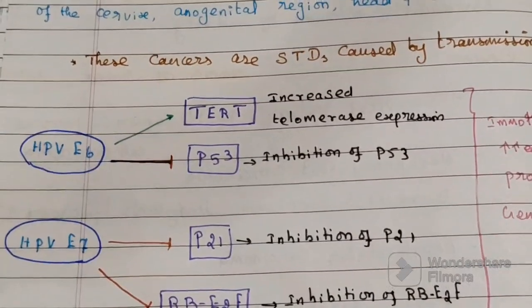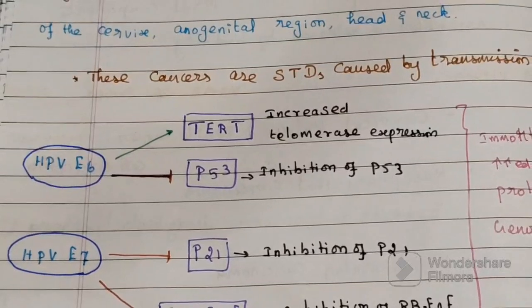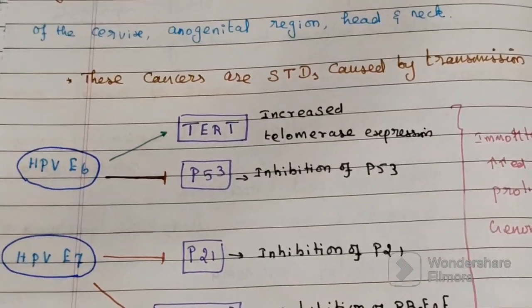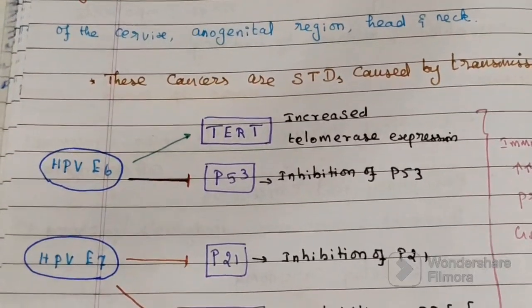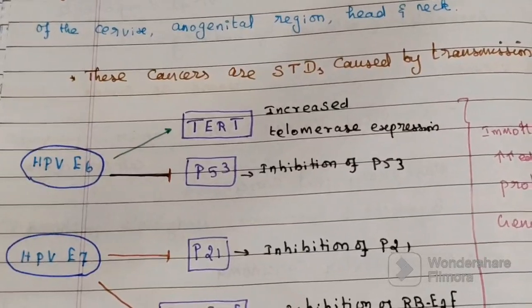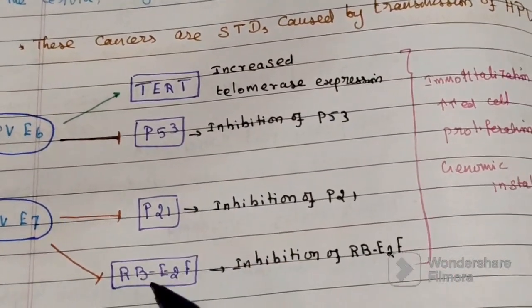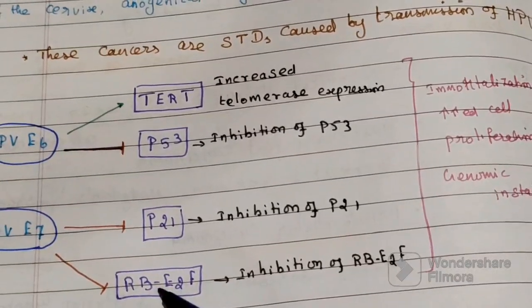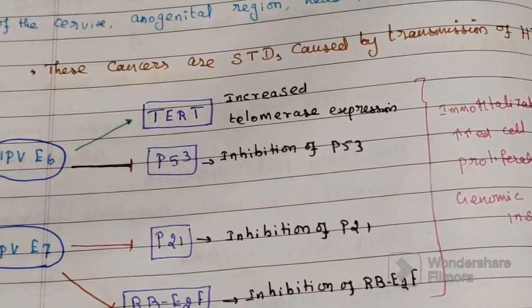So when the virus enters the human host and then the nucleus of the host cell, the viral proteins E6 and E7 mutate these 4 genes: TERT, P53, P21, RB retinoblastoma, E2F.